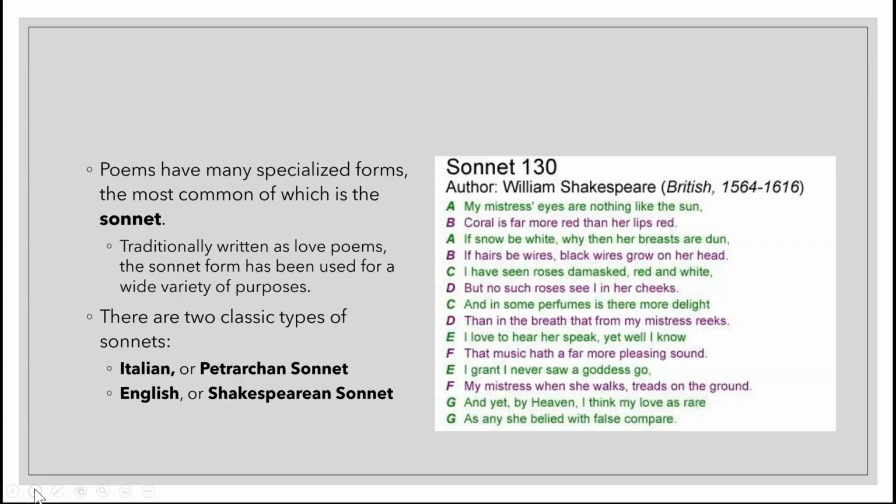Poems have many specialized forms, the most common of which is the sonnet. Traditionally written as love poems, the sonnet form has been used for a wide variety of purposes. There are two classic types of sonnets: the Italian or Petrarchan sonnet and the English or Shakespearean sonnet.